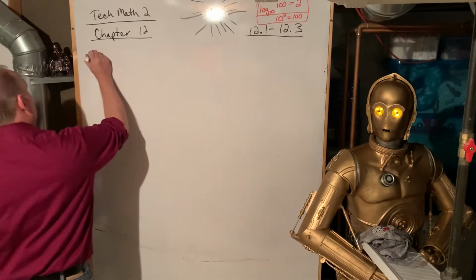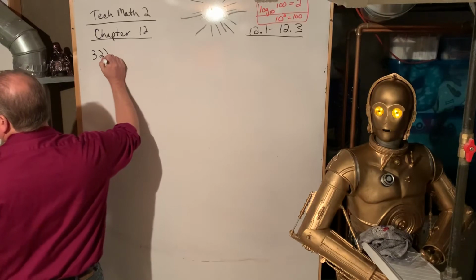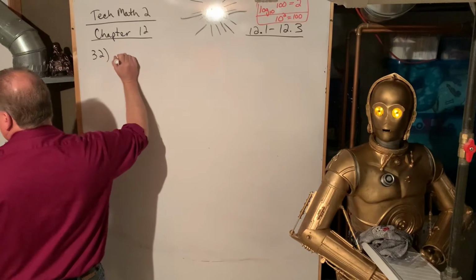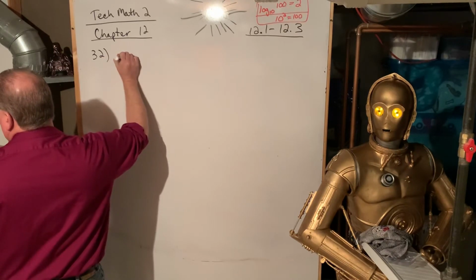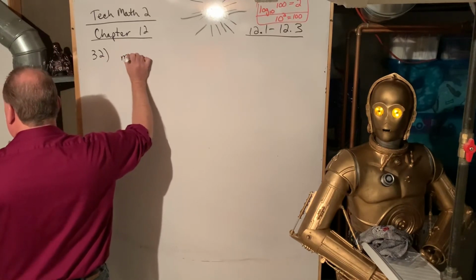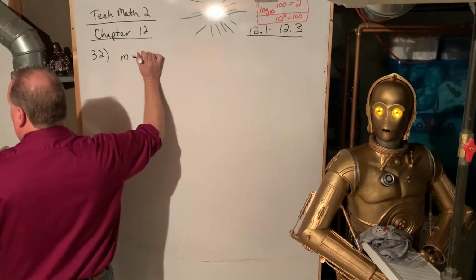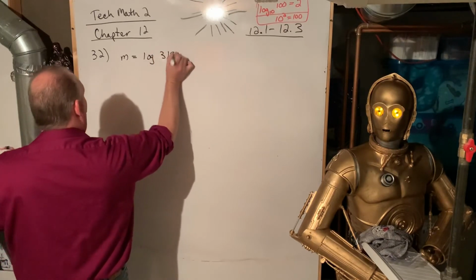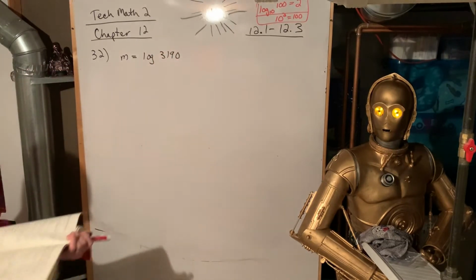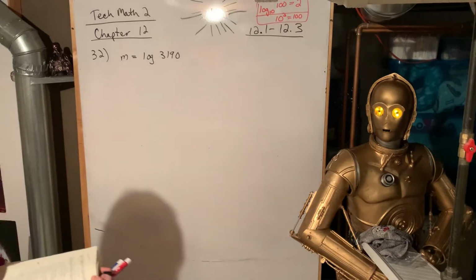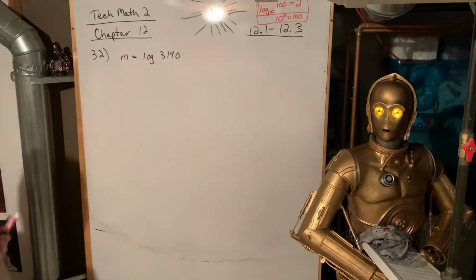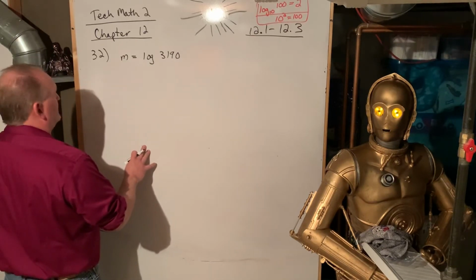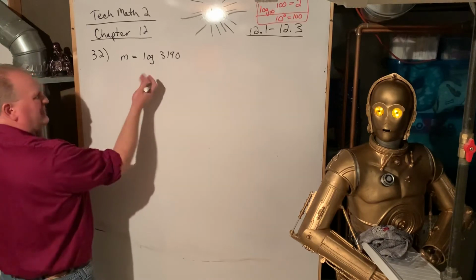We're in the red book, on page 526. It says to write the equation as a power of 10 formula. So it has m equals log of 3,190. They want me to write that without the log and then solve.